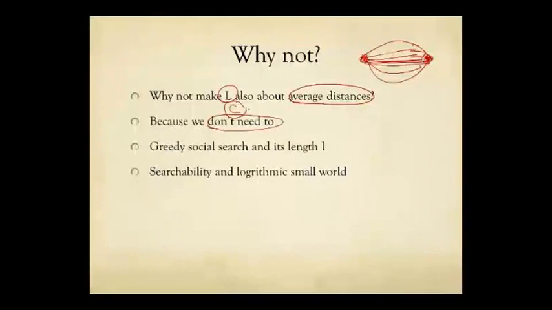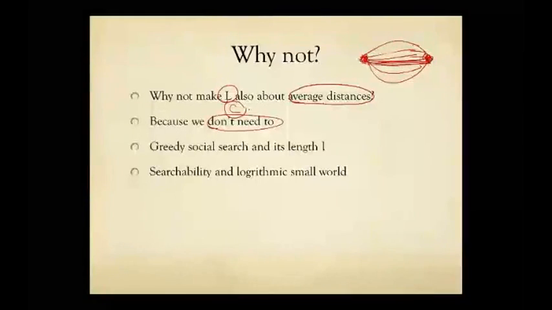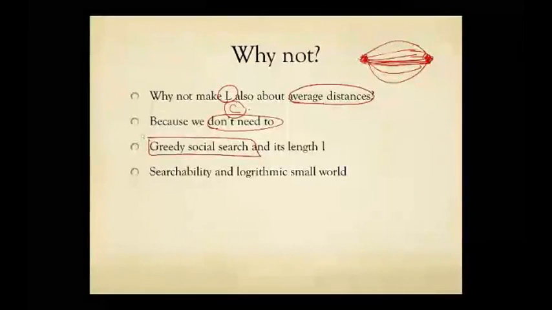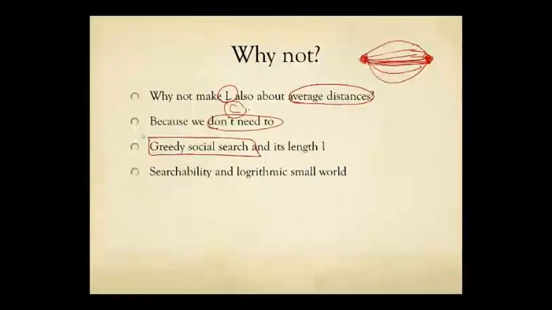But that means beneath this definition of L is a very basic assumption. It says you can actually have a routing algorithm that can find such a short path. Maybe not the shortest, but a very short path. Now, we just talked about a greedy routing method in social networks. We call that greedy social search based on some composite distance metric scores.